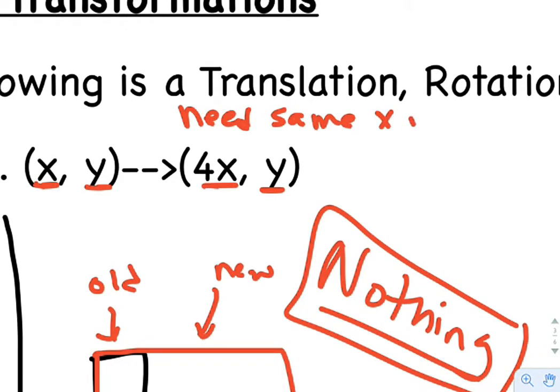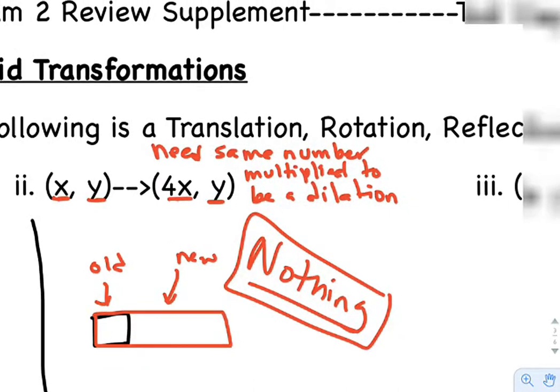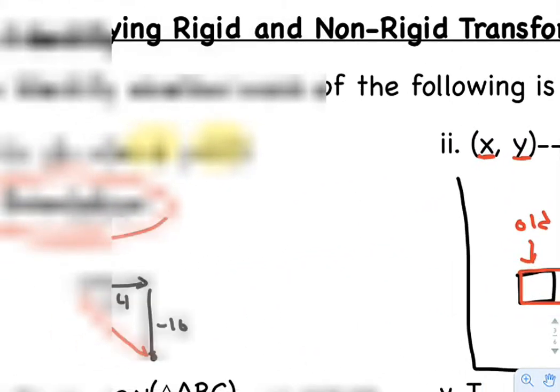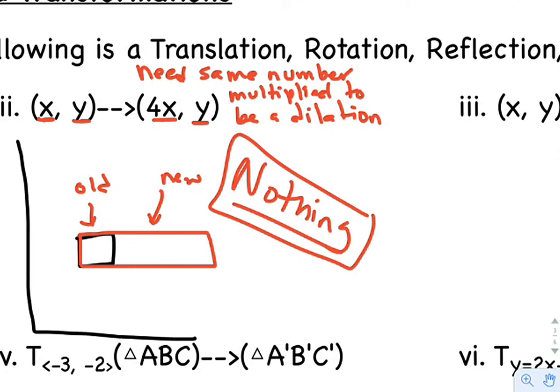Same number. And it can't be anything else because, again, translations are just going to be addition. Rotations and reflections use the same numbers, just kind of flipped around.